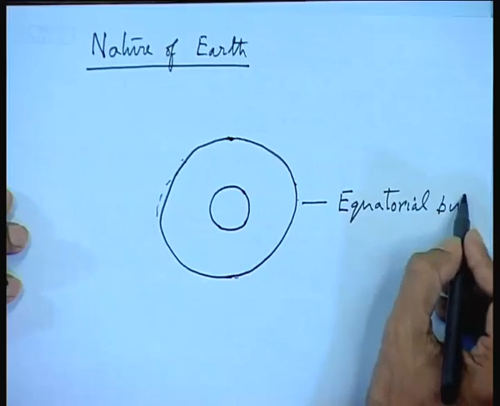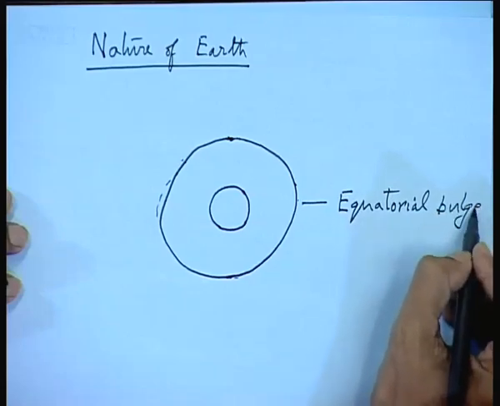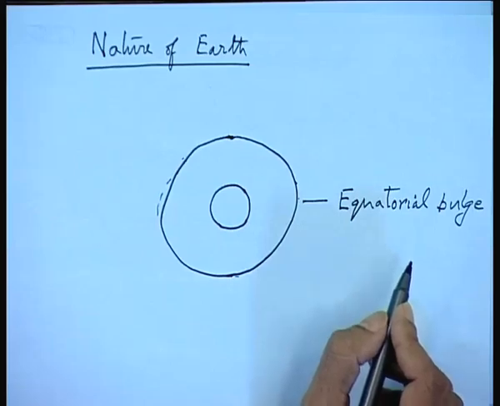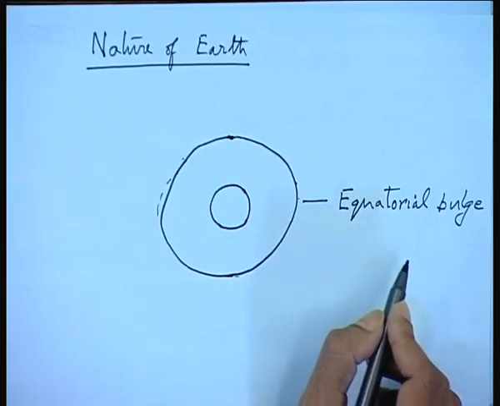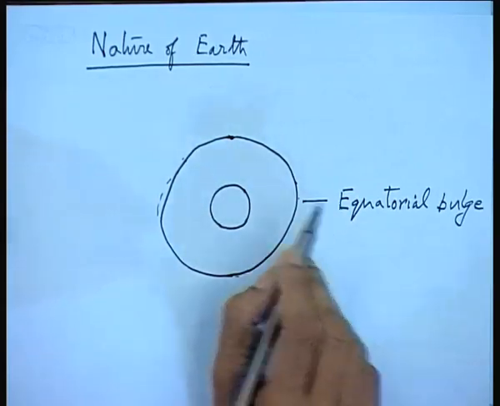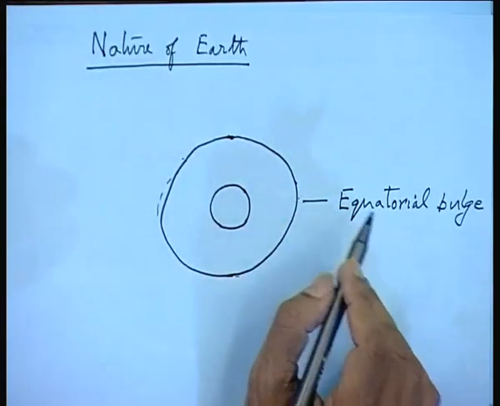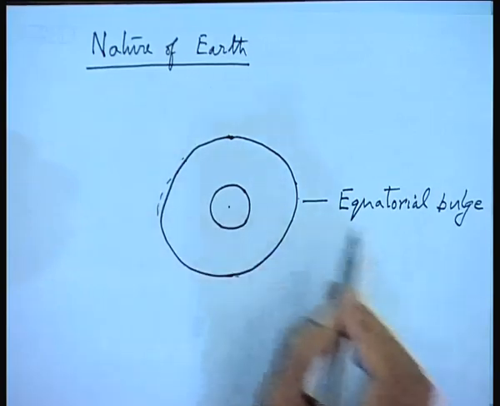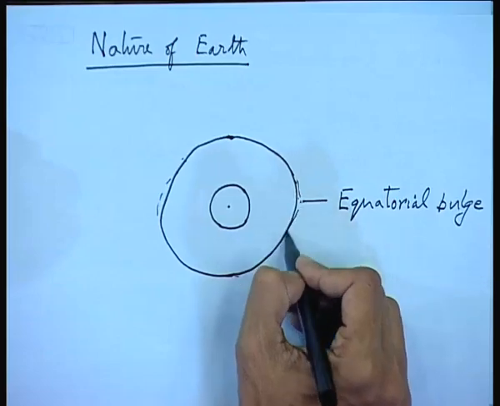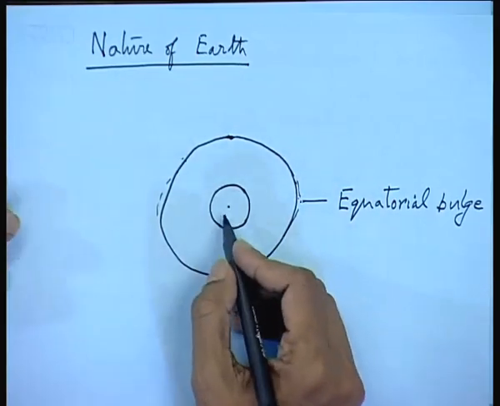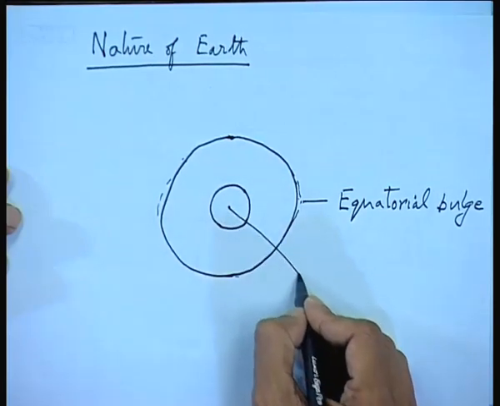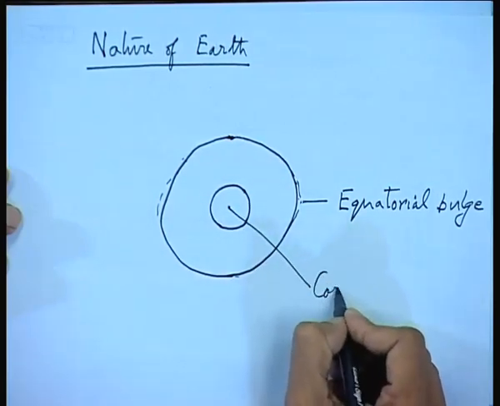Because of the rotation of the earth and the centrifugal forces, the rocks try to go outside from the center of the earth. So, this is called the equatorial bulge, and inside this you will have a core. So, this is core rocks.